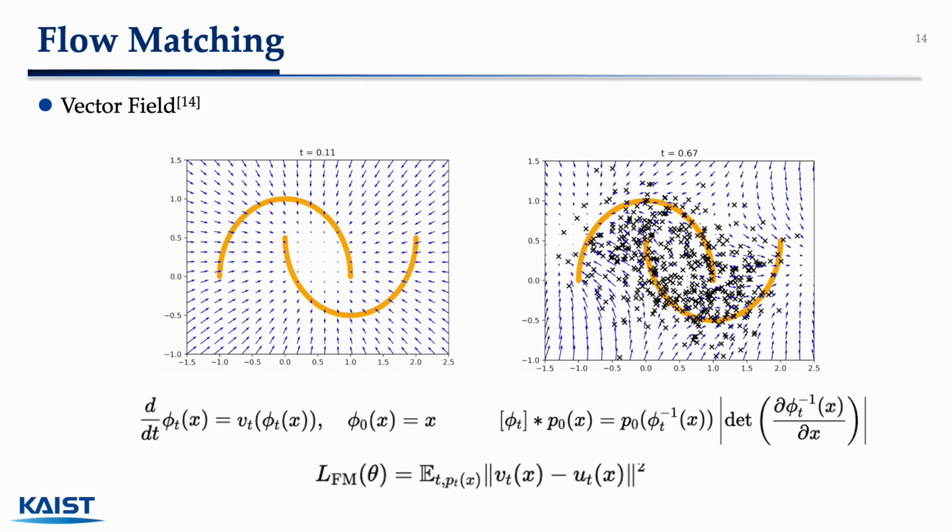The ODE captures how each sample evolves over time, and by solving it, we can generate full trajectories that transform the initial distribution into the target. Training is done by minimizing the difference between the learned velocity and the ideal ground truth velocity at each point.